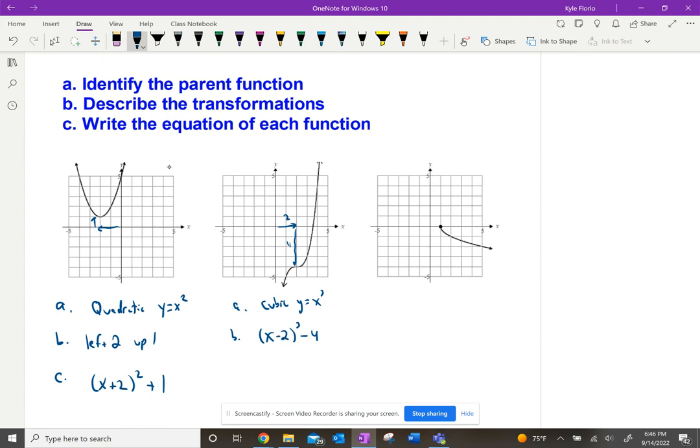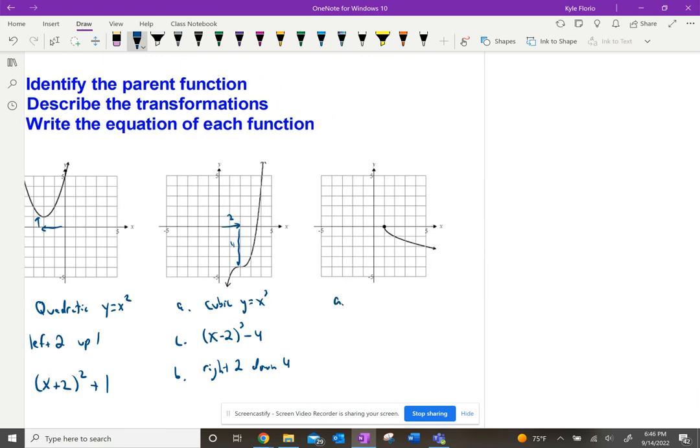It's the opposite of what you would think. Oh, crap. I just did letter C. So letter B would have been right 2, down 4. So, oops. That's part C and that's part B.